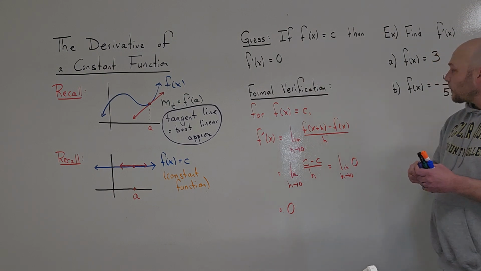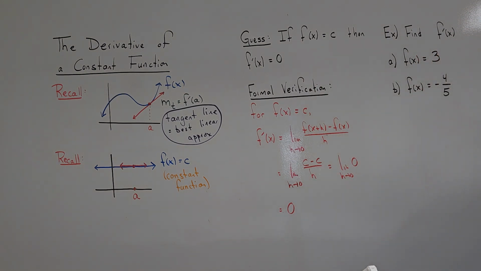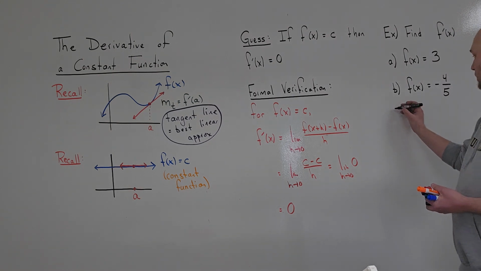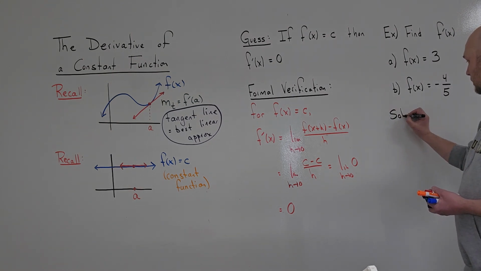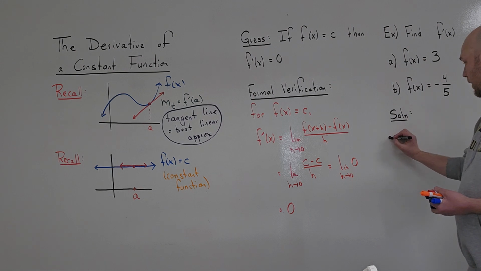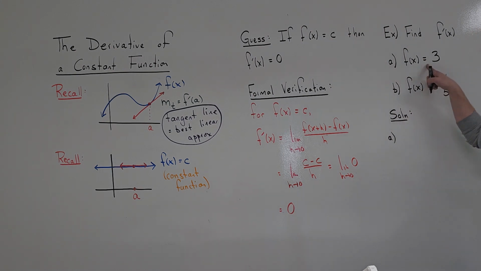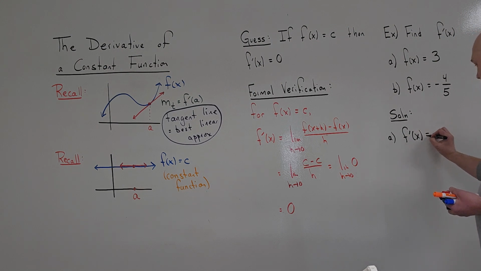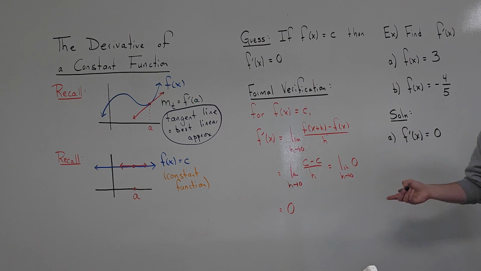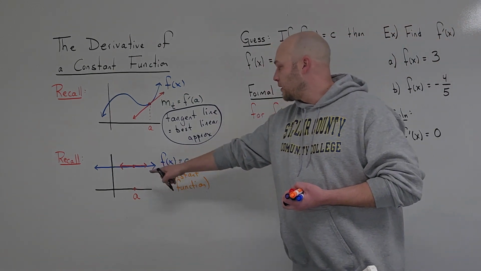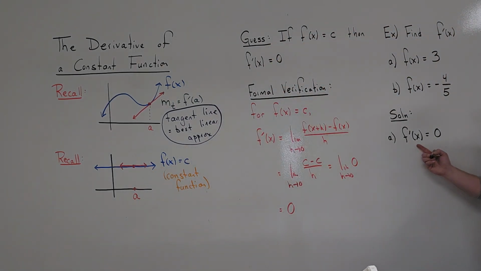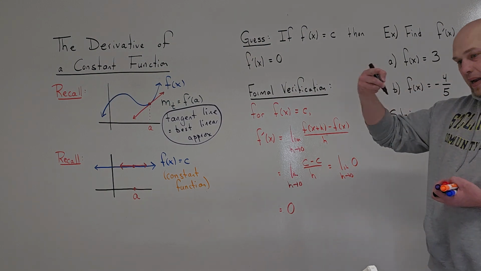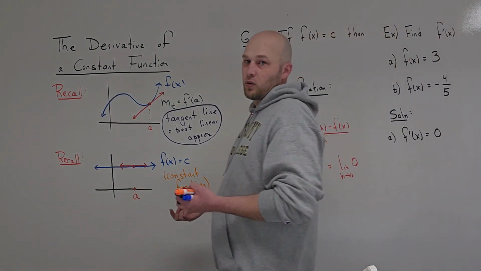Okay. Let's look at a couple particular examples. Part A. If f of x is equal to 3, then the first derivative, the derivative of 3, is 0. Remember, 3 is a horizontal line, and this information simply tells me that the slope at every single point on the graph is 0.